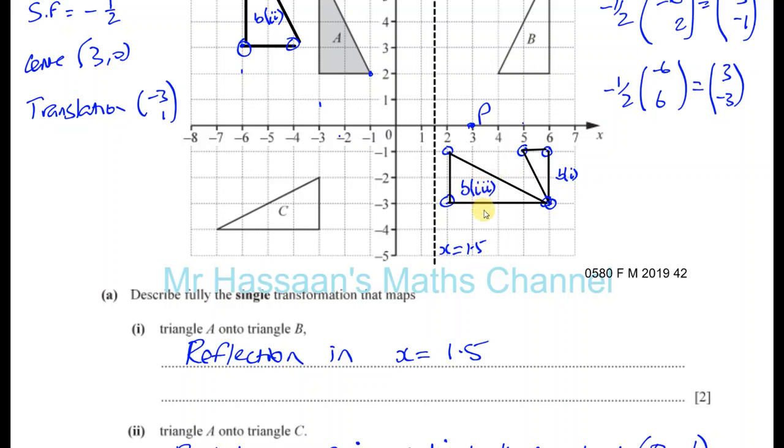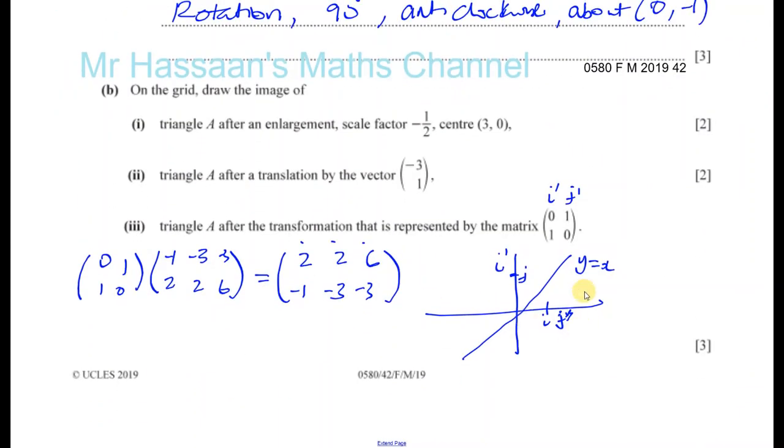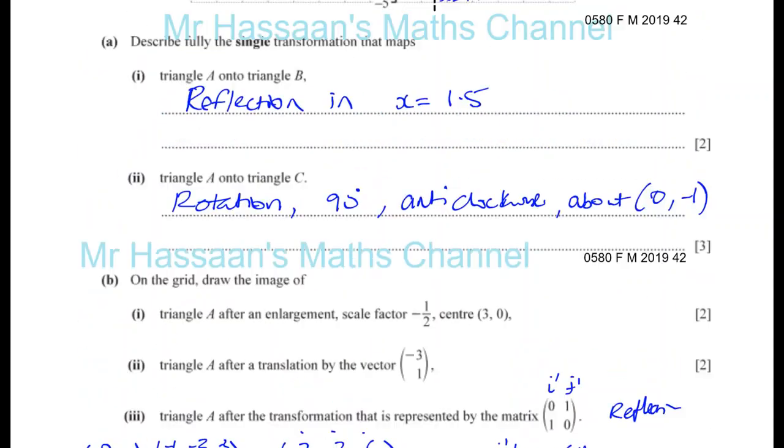So there we have it, and we can see what we mentioned here, that this is a reflection in the line y equals x. We can see that's exactly what that image is.